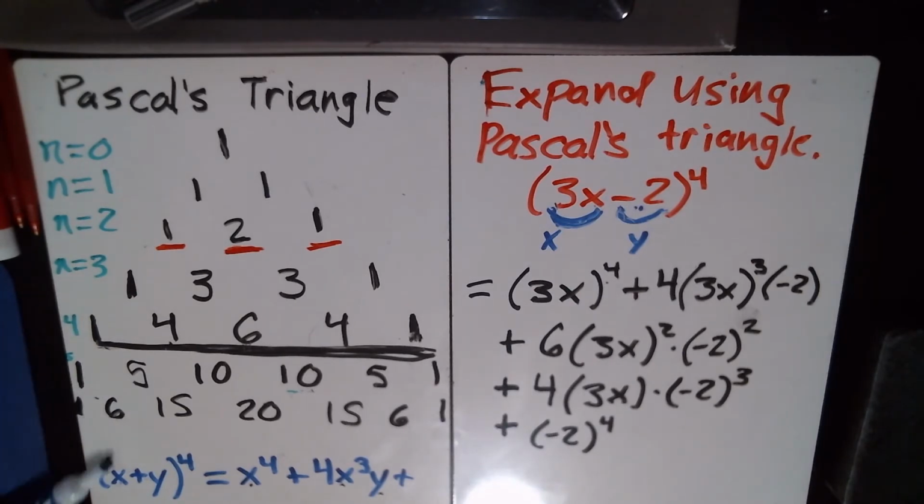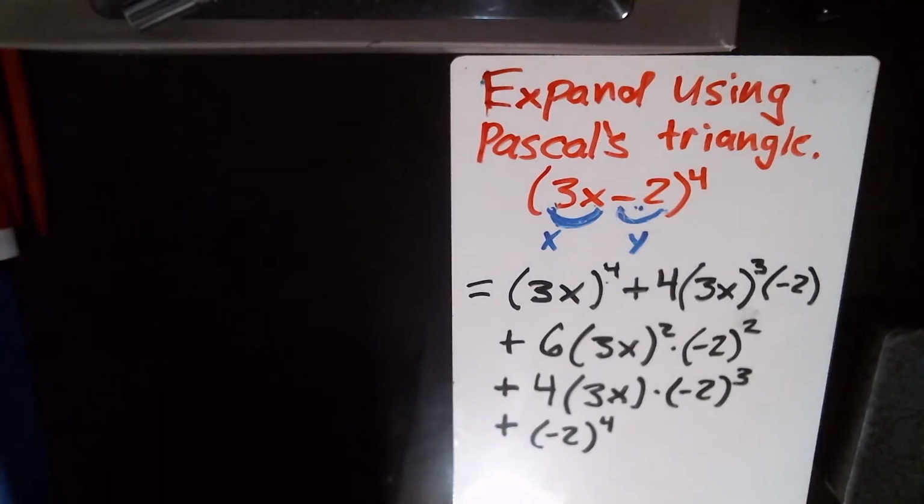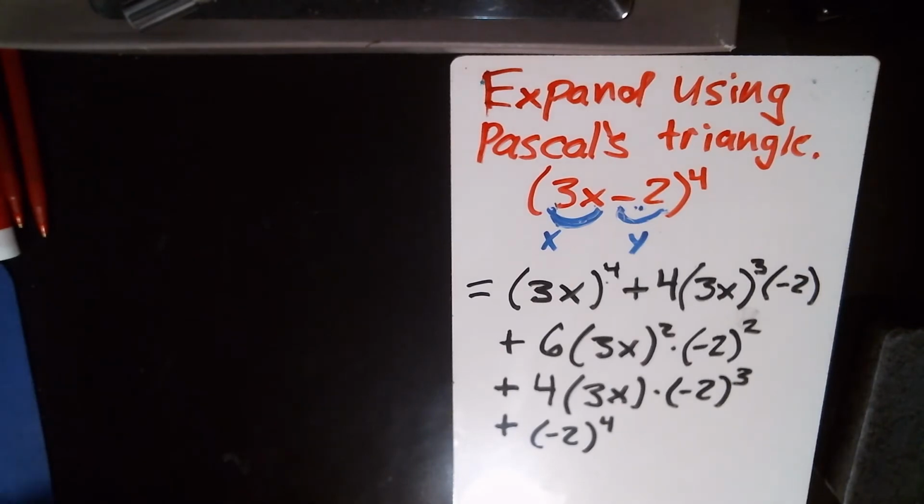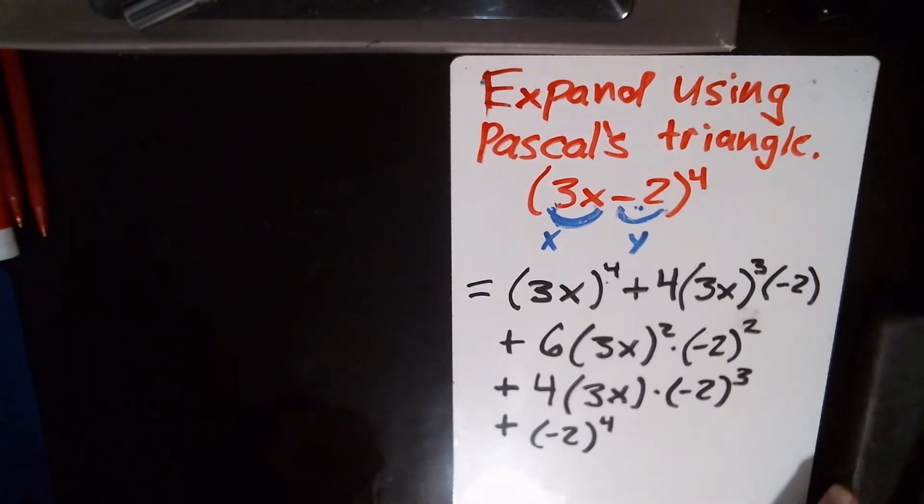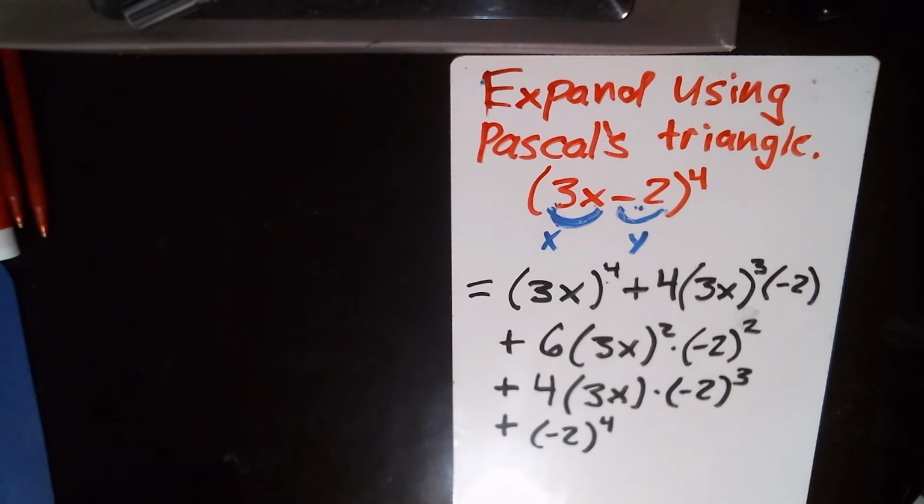Now we can simplify this a little bit. I'm going to move my Pascal's triangle because I'm not going to need it anymore. We're basically done, we just have to simplify.